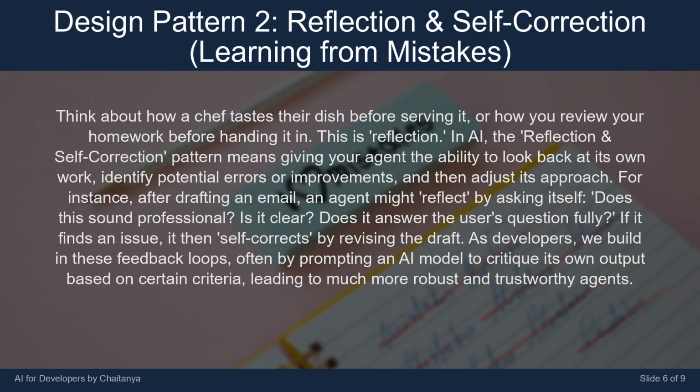Is it clear? Does it answer the user's question fully? If it finds an issue, it then self-corrects by revising the draft. As developers, we build in these feedback loops, often by prompting an AI model to critique its own output based on certain criteria, leading to much more robust and trustworthy agents.